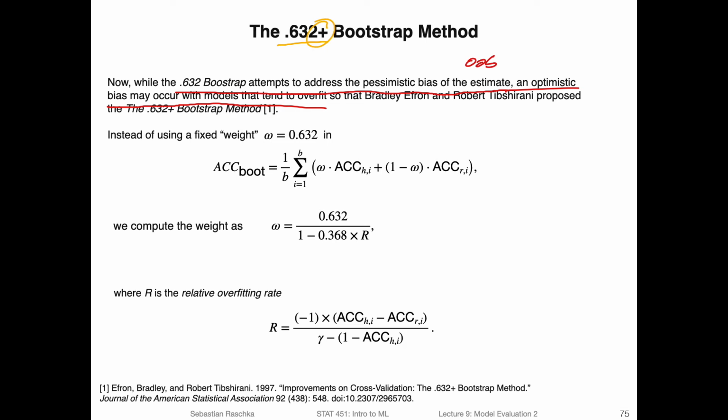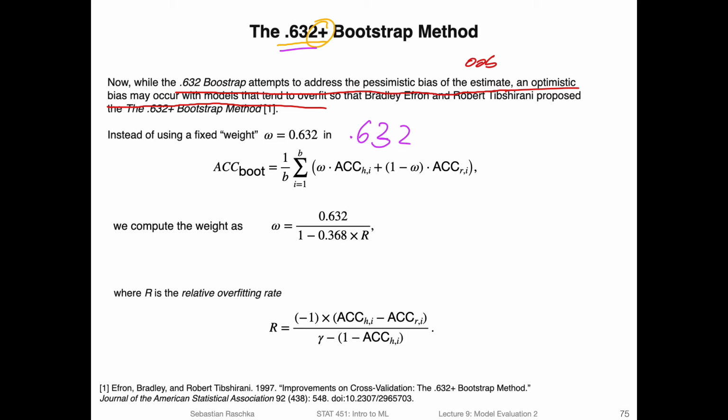What's the difference between the 0.632 and the 0.632 plus method? So here in the 0.632 plus method, we have a flexible weight that depends on the data set. In the regular 0.632 method, we had a fixed weight.